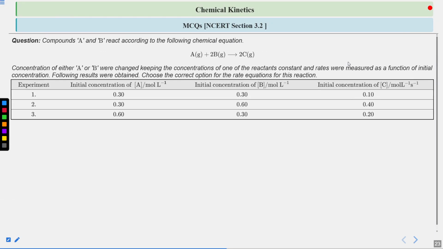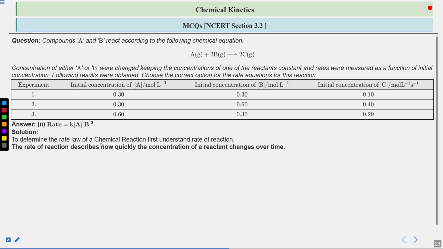So for this given question, the correct answer is option B, that is rate equals k A B square. To determine the rate law for a chemical reaction, first understand the rate of a reaction.